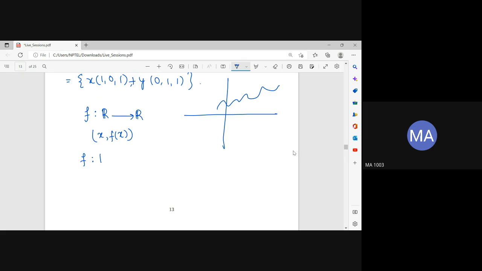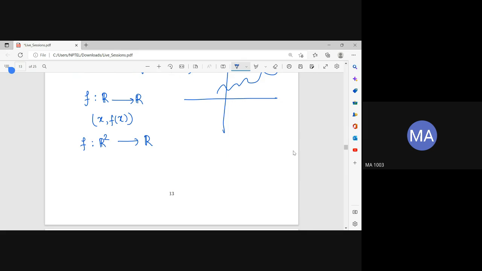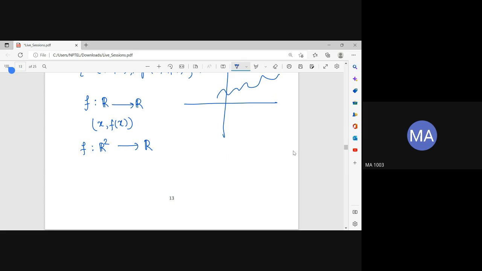Okay. So now suppose my domain is R2 and the codomain is R. How will you draw the graph? Three-dimensional. You will take a point, you will find its image and plot this, right? Yes, ma'am. So you have an x component, you have a y component and the output, right?